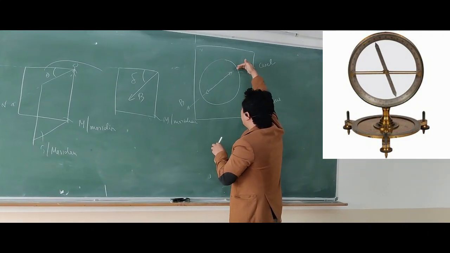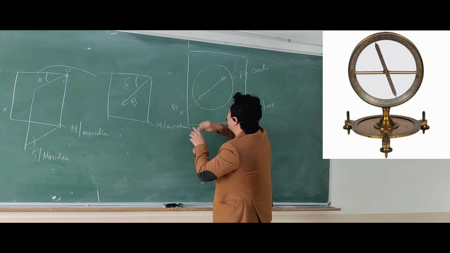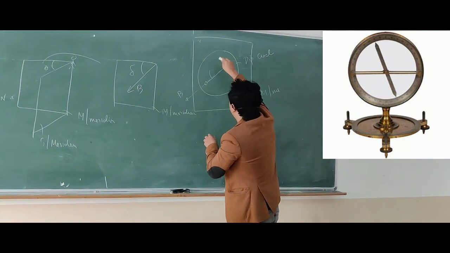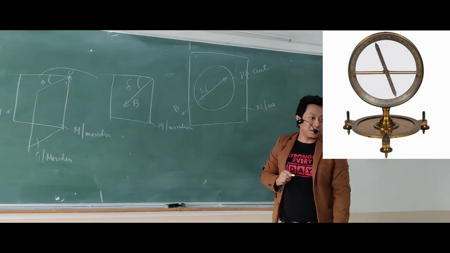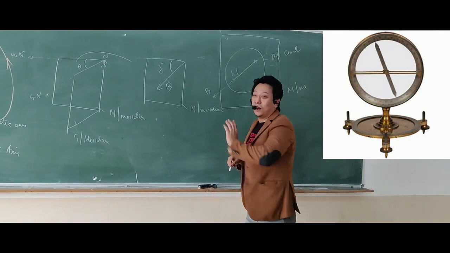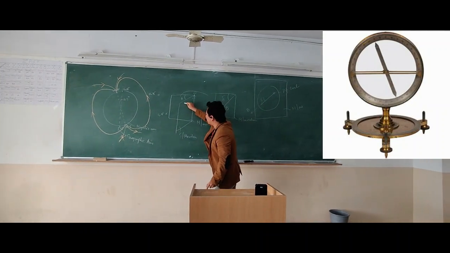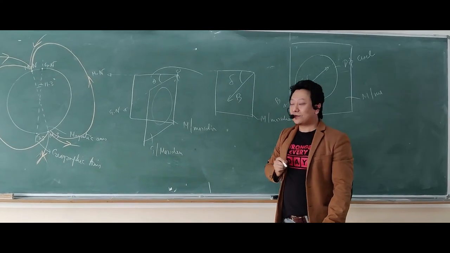So your Earth's magnetic field is like this. This needle will align that way, and from this circle you can measure this angle experimentally. What if you keep the dip circle not in the magnetic meridian, but in some other meridian? Let's say I keep the dip circle in this meridian. Then what will happen?